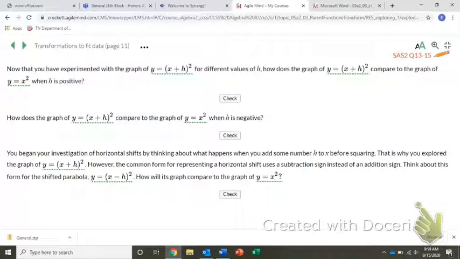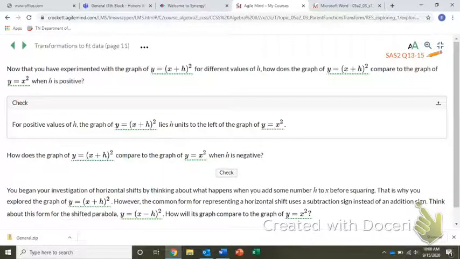So, I want you to go to page 11. And these are the same questions on page 68, number 13, 14, and 15. Okay, so number 13 says, how does the graph of y equals (x plus h) squared compare to the graph of y equals x squared when h is positive? So, I'm going to click check.